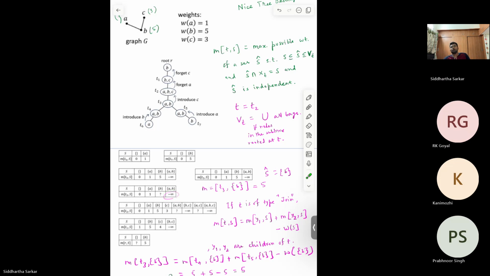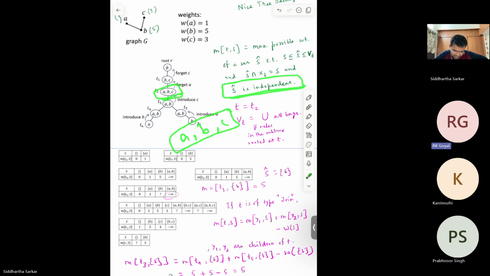Yes. So like S cap here is ABC, and XT here is ABC again. So if I take the intersection, then the value comes out to be ABC. But then this ABC is not equal to AB.